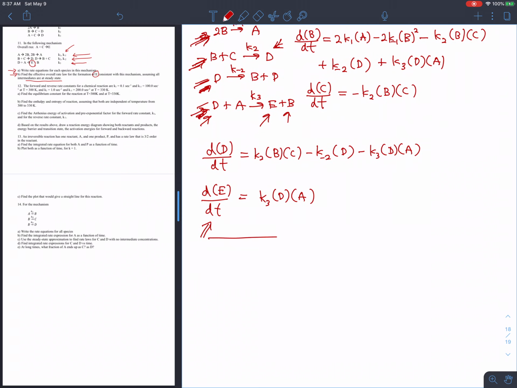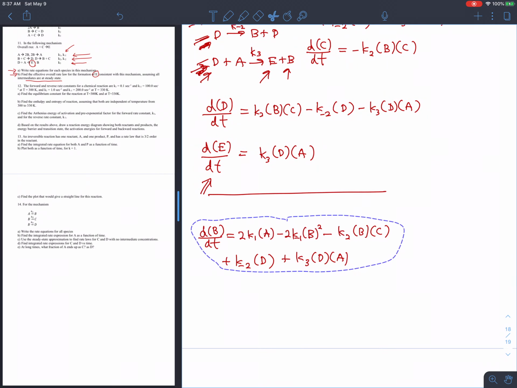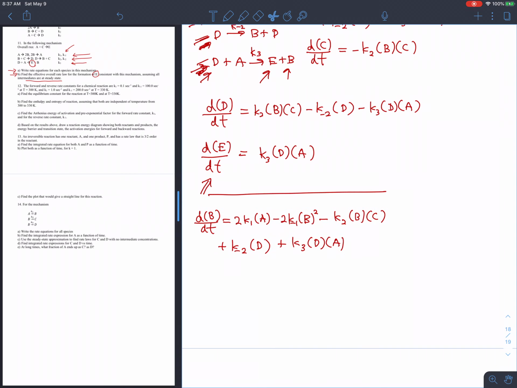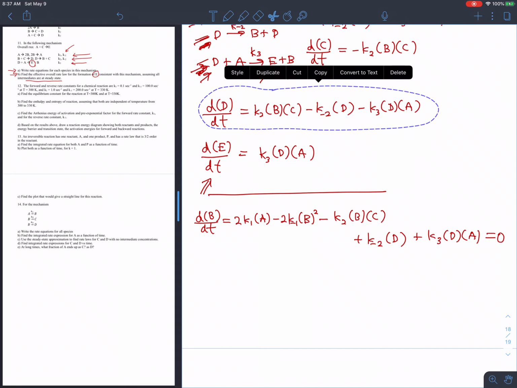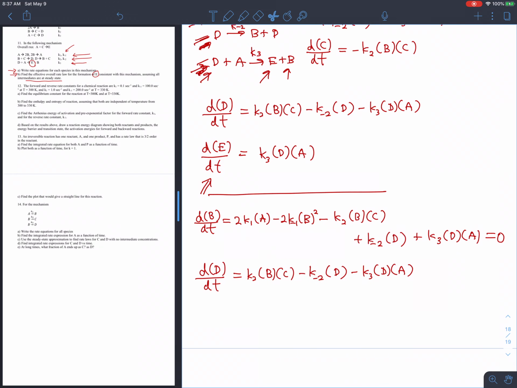All right, using the steady state approximation, we're going to set this to 0, and then we're going to set this other intermediate to 0 as well.